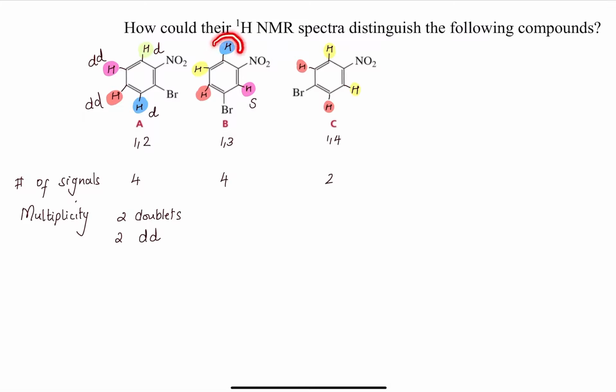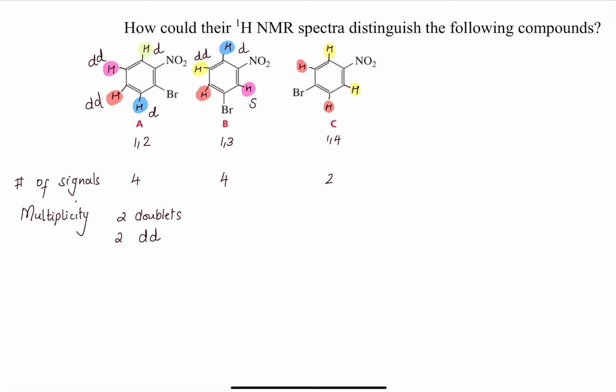Let's go on to this proton. This proton has one neighbor, and therefore it should be split as a doublet. What about this proton? This proton has two non-equivalent neighboring protons, and therefore it should be split as a doublet of doublets. And when we come to this proton right here, it should be split as a doublet because there's only one neighboring proton, and you do not have any proton right there.